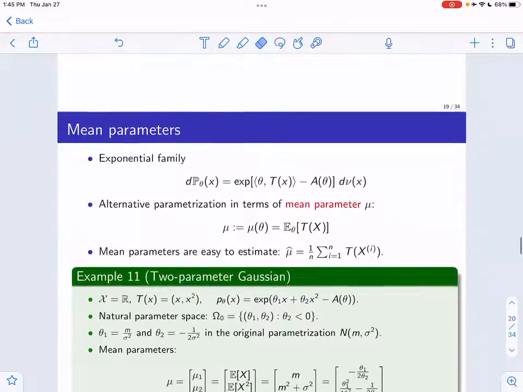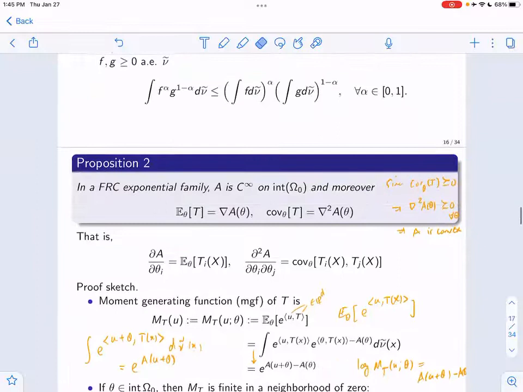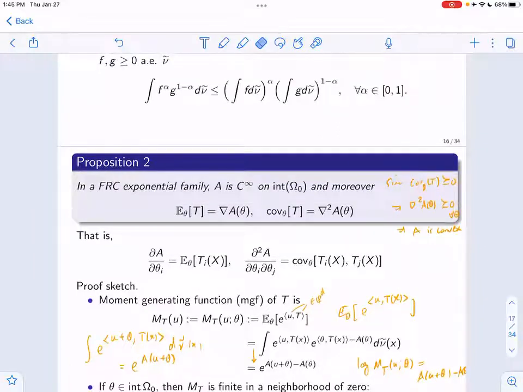Just let me point out what I'm going to do next time. This is going to be a fairly interesting topic, which I'm going to gloss over a little bit. The idea is that now that we have this, we can call this a new parameter. So the mean, mu of theta. This is another parameterization of the family, which is easy to compute, and it's smooth.